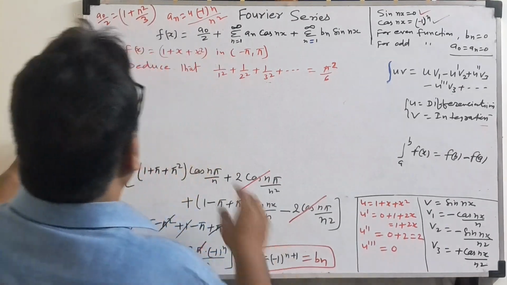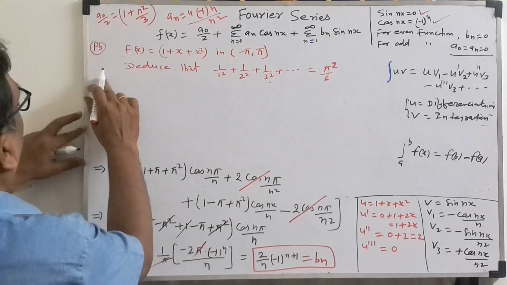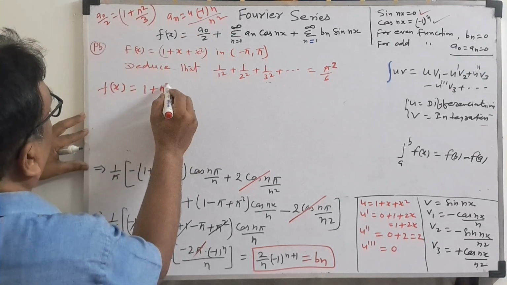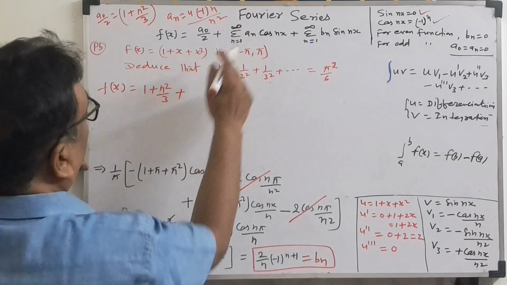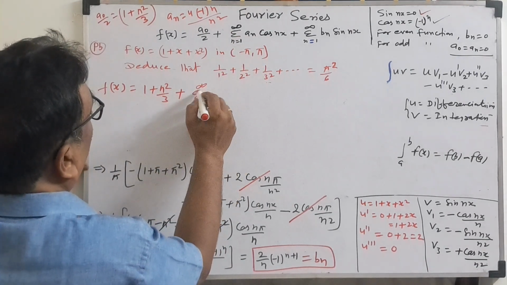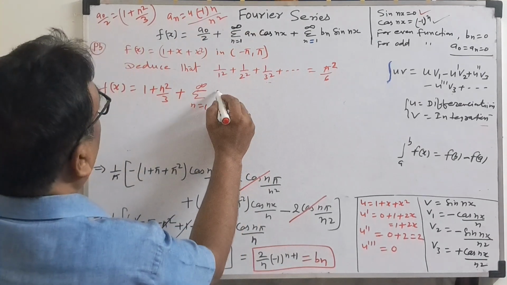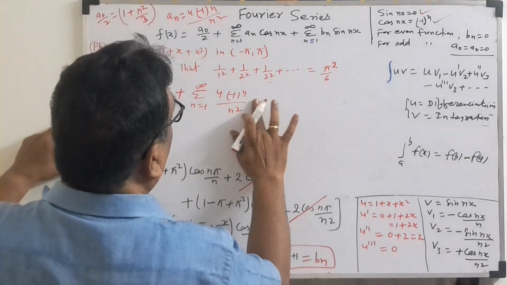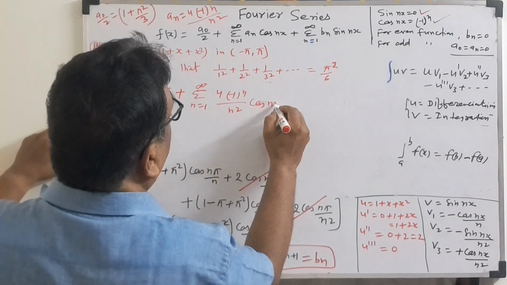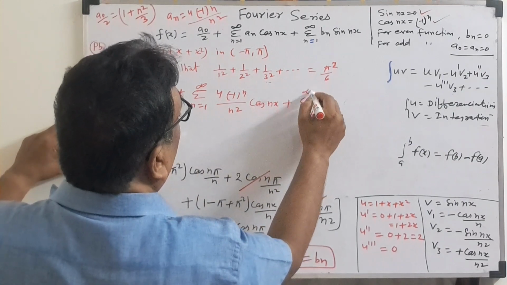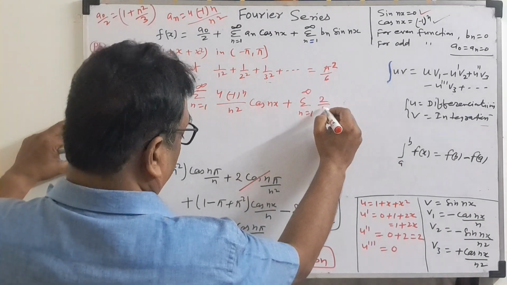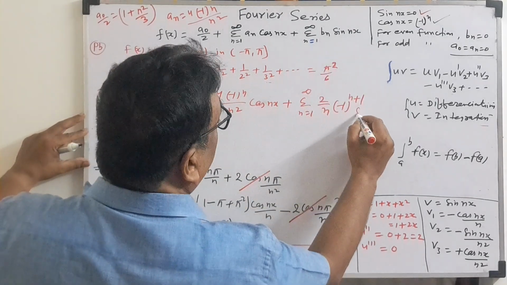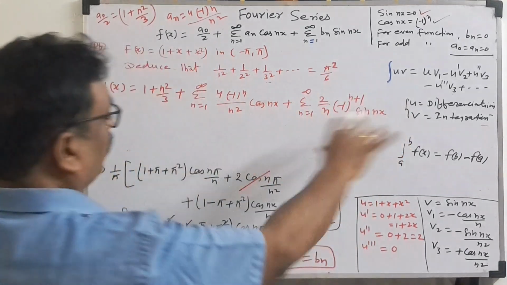This is the answer we are getting. f x is equal to a0 by 2, directly 1 plus pi square by 3, plus summation n equal to 1 to infinity an, where the an I wrote here: 4 minus 1 power n by n square, cos nx, plus summation n equal to 1 to infinity bn: 2 by n minus 1 power n plus 1, sine nx. This we got, the Fourier series.